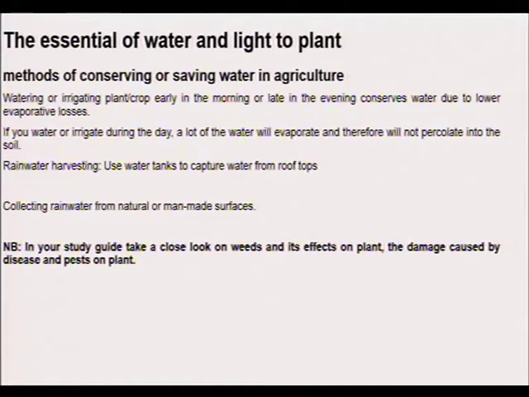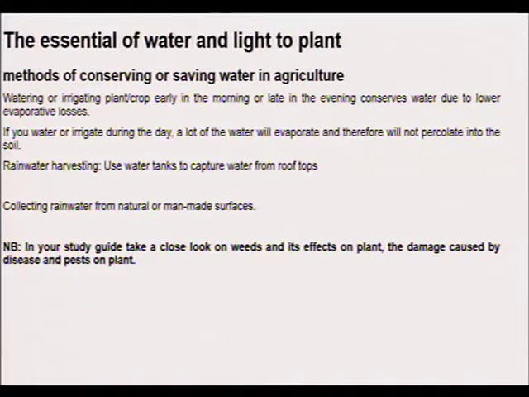You can also preserve water by collecting rainwater from natural or man-made surfaces. For example, in most rural areas, people dig wells, and these wells in most cases keep water for a long period that can even last up to the next rain season.